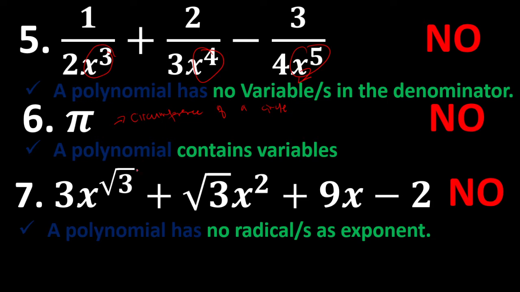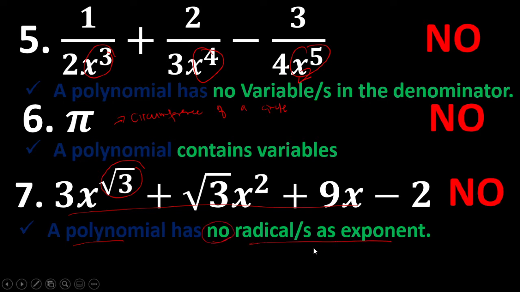And as you can see, square root of 3 is a radical expression, correct? So if it is a radical expression and it is an exponent, therefore the whole expression is not considered a polynomial. Again, a polynomial must have no radical as exponent.